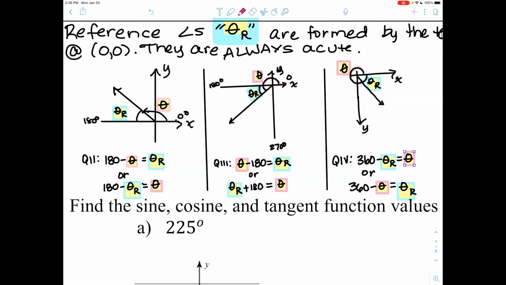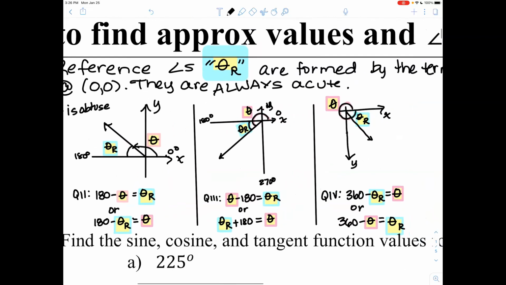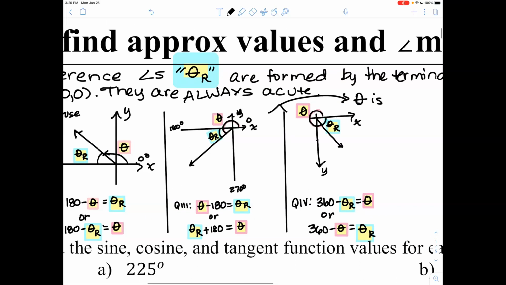Now, what I do want to talk about here is that in quadrant 2, theta is an obtuse angle. In quadrants 3 and 4, theta is a reflexive angle, because it's greater than 180 degrees but less than 360 degrees. Of course, it doesn't have to be reflexive. If it spins around multiple times and it does more than one revolution, that of course is not true.